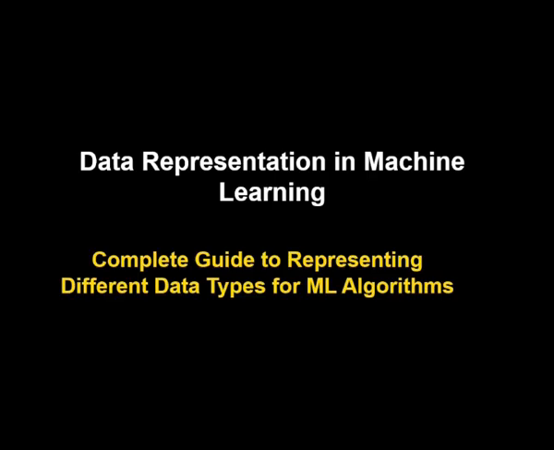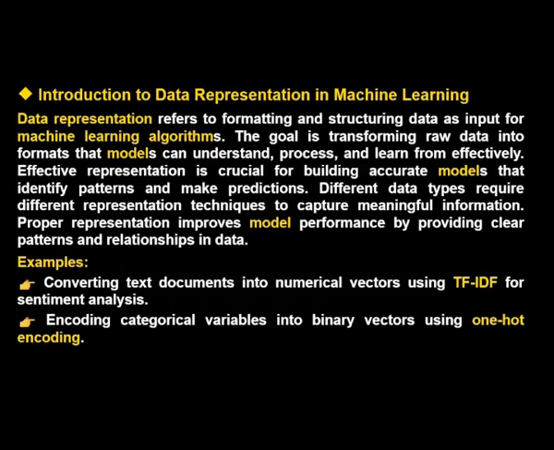So the first one, introduction to data representation in machine learning. Data representation refers to the process of formatting and structuring raw data into a form that machine learning algorithms can understand. The main goal is to convert raw data into meaningful numerical formats.